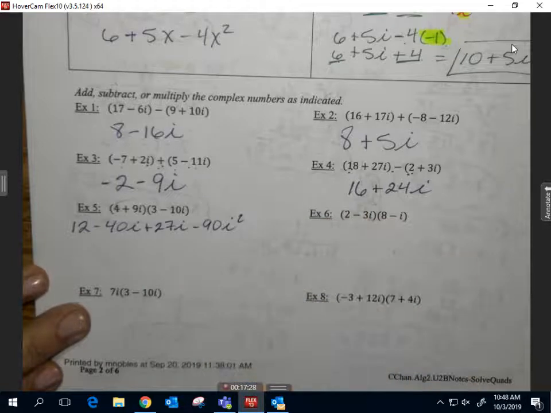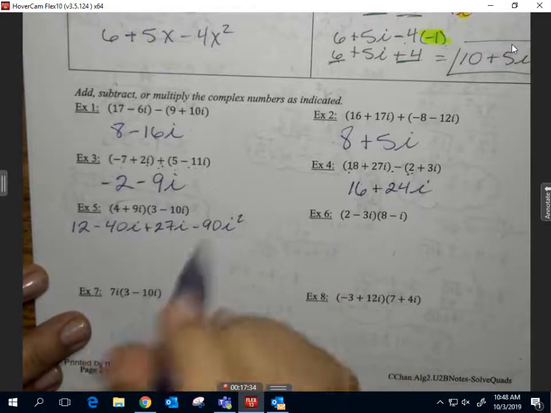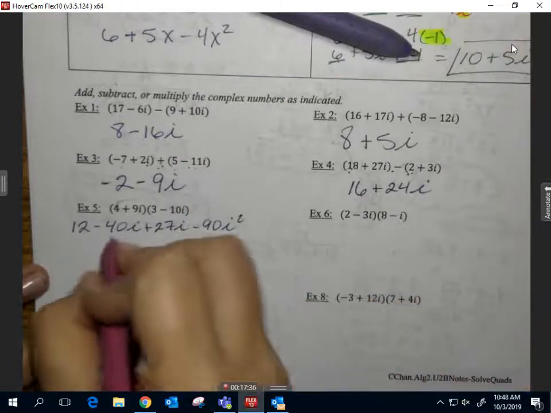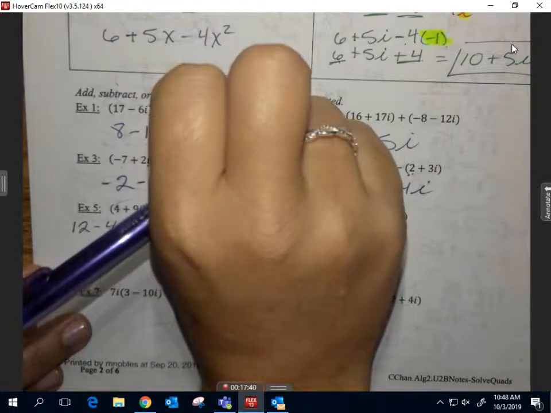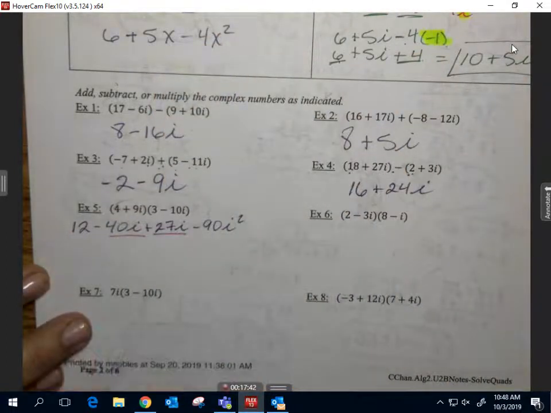Squared. That one you square it because you're multiplying an i times an i. Alright, so let's combine like terms and replace i squared with what? Negative 1.